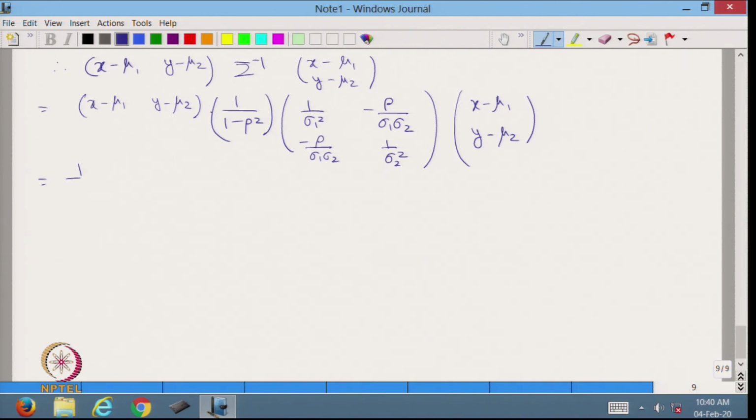Now we are multiplying this with this and adding up.